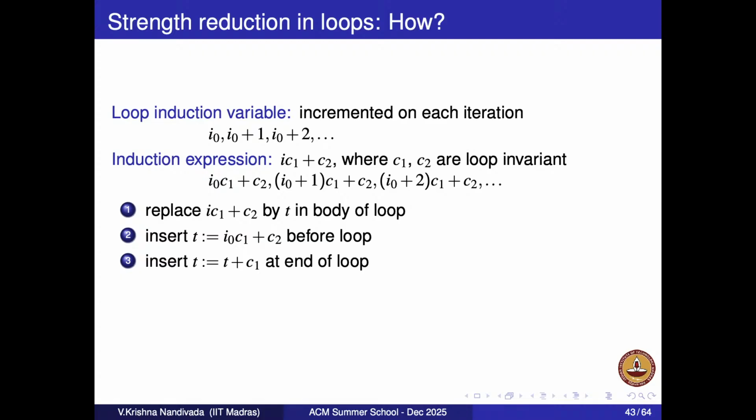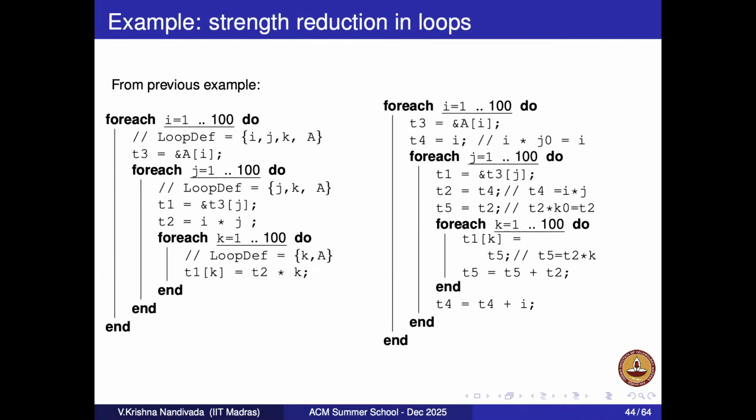The temporary has an initial value, which is the initial value of the induction expression, and the temporary t has to be incremented at the end, by C1, the value by which it changes. So use the initial value to set t and increase t by C1. All right, that's what we will do then.